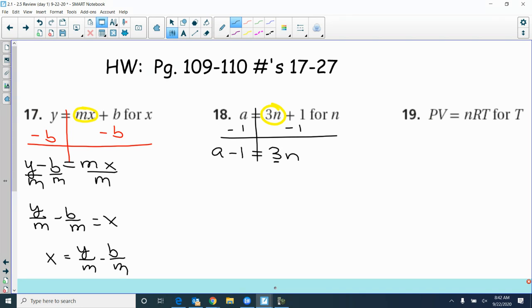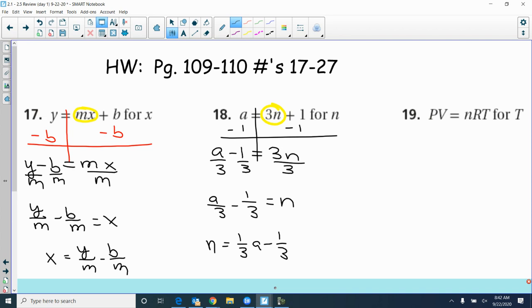Now this is one, especially if it's a number, you should divide each piece by that. So you get a over 3 minus 1/3 equals n. If it doesn't divide evenly, like 3 doesn't go into 1, it's not a whole number, just leave it. And some of you may recognize that a over 3 is the same as 1/3 a. I'd accept either one. Like I said, these are hard because you haven't done them in a while.